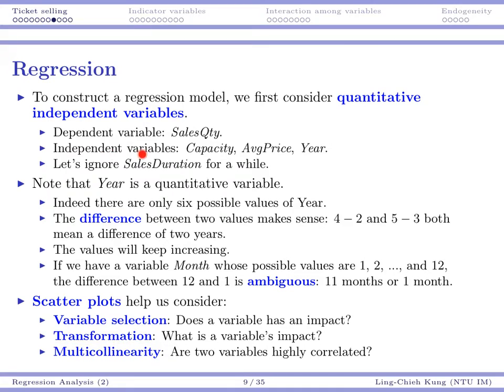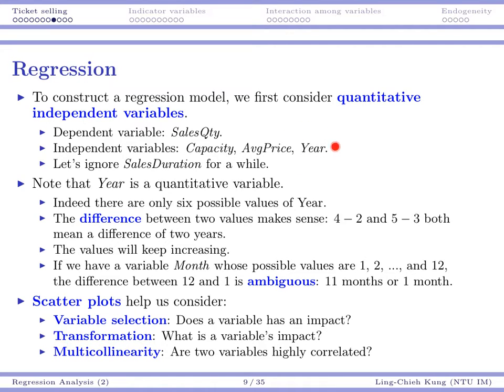And the independent variables here are capacity, average price, and year. First, let's ignore sales duration for a while. We're going to talk about it at the end of today's lecture. And time, which may be morning, afternoon, or evening, is qualitative. So let's ignore it for a while.